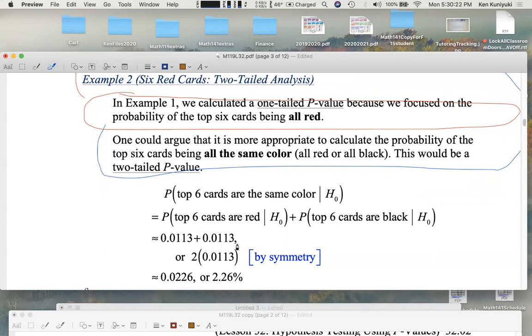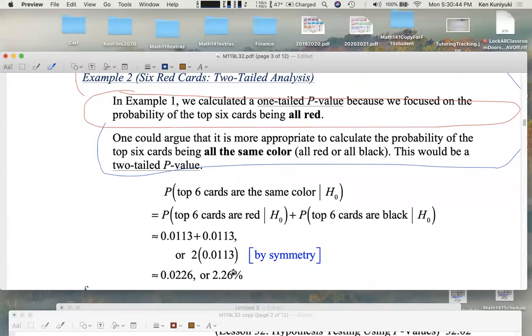It's 0.0113. So the total two-tailed p-value, and this is often the case when we calculate two-tailed p-values, we take twice the one-tailed p-value, twice 0.0113 by symmetry, and we get 0.0226, or 2.26%.